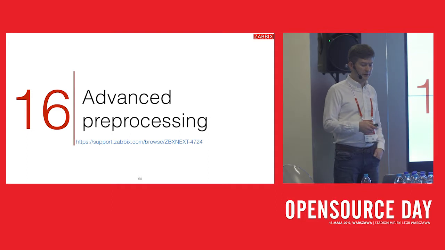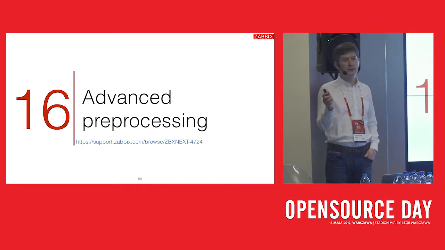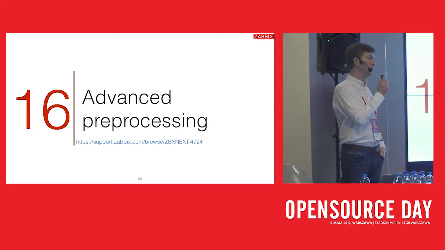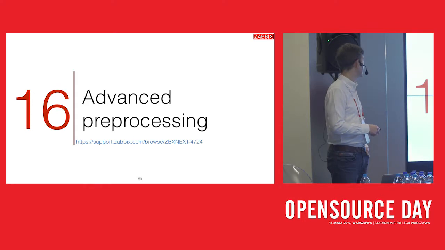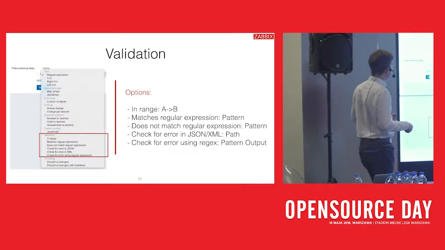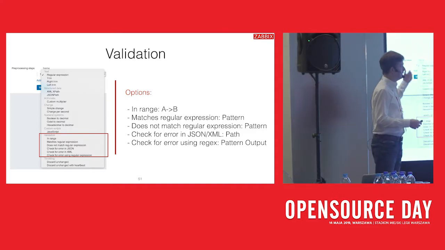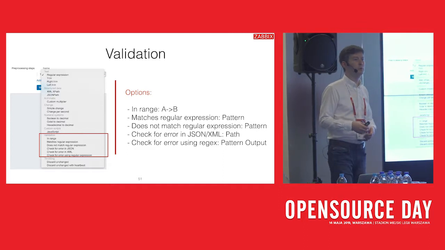Advanced preprocessing. This is a very, very important topic. And I think if you are considering, shall I migrate to Zabbix 4.2 or not, that might be the reason why you should consider it very, very seriously. So what does it mean? You know that any data which is received by Zabbix can be transformed using different rules.